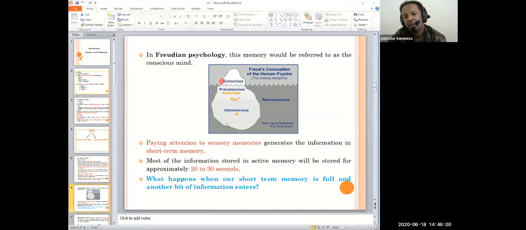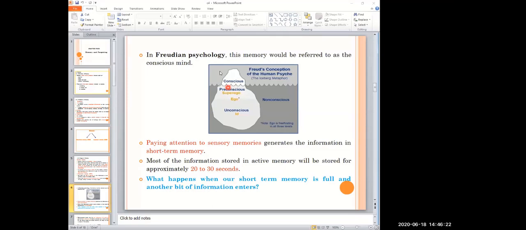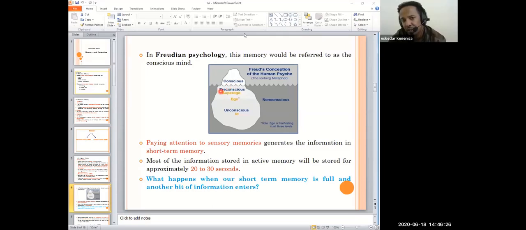Here, this is an iceberg. Imagine this is a sea. An iceberg is floating ice, and a very little amount of it is outside the sea. According to Sigmund Freud, our conscious brain is a very small part of it. We can see only this very small amount of it here.